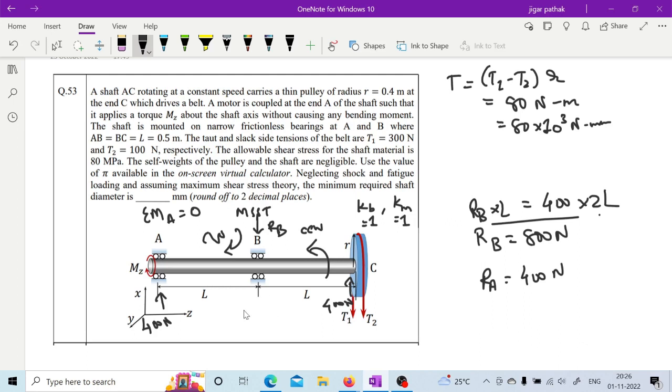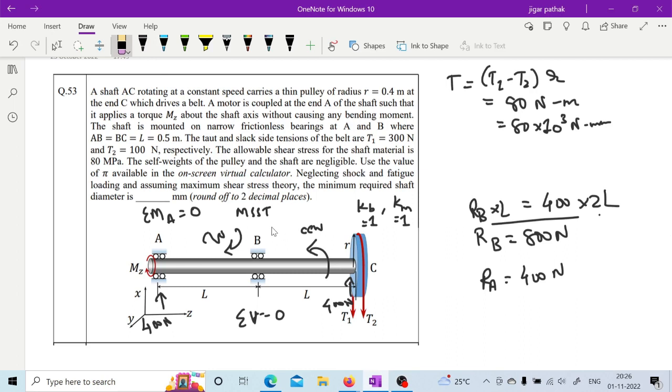But see, all the vertical forces acting must be equal to 0. Sorry, RB will be upward, RA will be downward, sir. Yes, correct. Why?